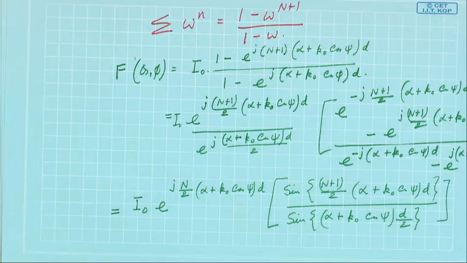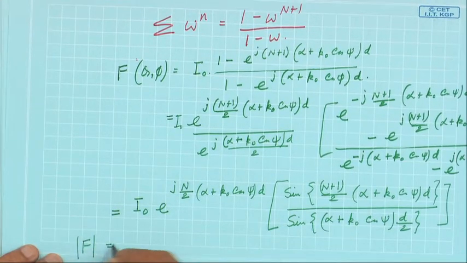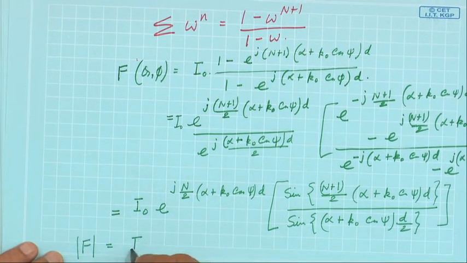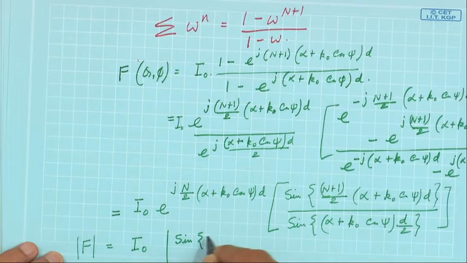So, this is the array factor and this is also the field expression. So, the array field pattern, I can easily write what F is: I naught, this will go for amplitude, and this is nothing but sin (n plus 1)/2.